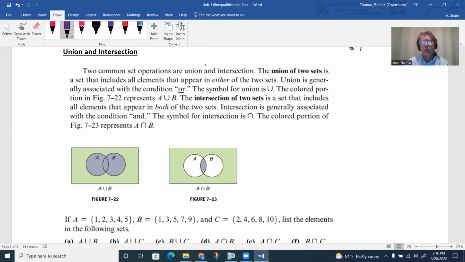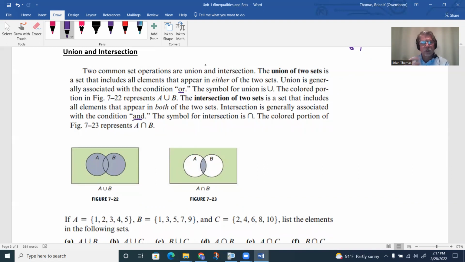The intersection of two sets is a set that includes all the elements that appear in both sets. So intersection means only where they overlap, if you will, what's in common in each set. So intersection a lot of time will be associated with the word and. And notice that the symbol for intersection is the upside down U, or if you want to call that an N, you could.